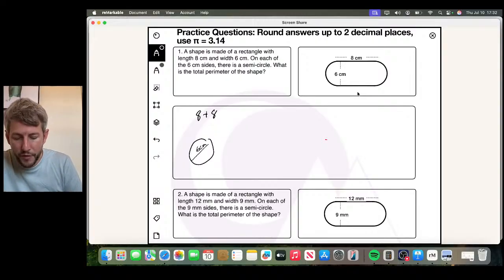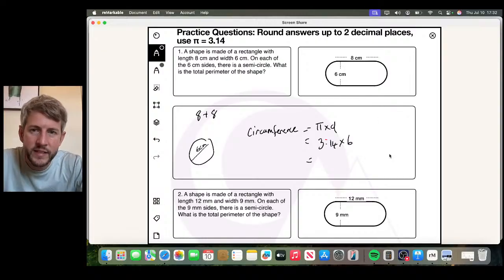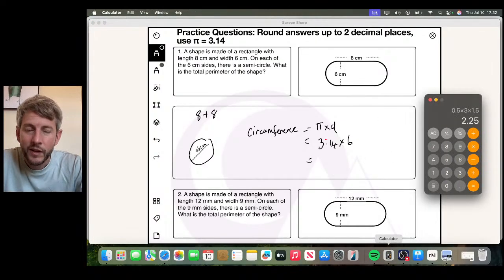And you might remember that circumference of a circle, so that's the distance around the outside, circumference equals pi times diameter, which in this case is going to be 3.14 times 6, and then we can work out what that is and add it to our 8 add 8. Okay, so let's get started.